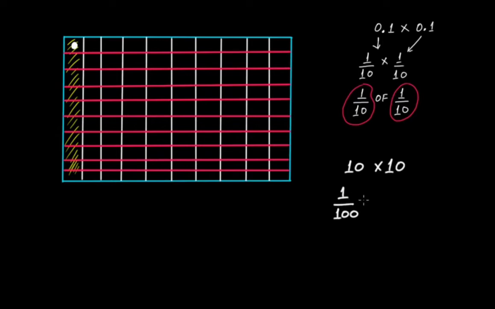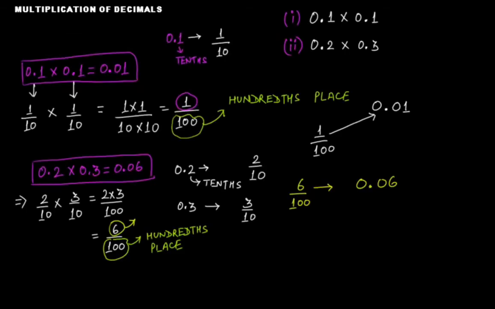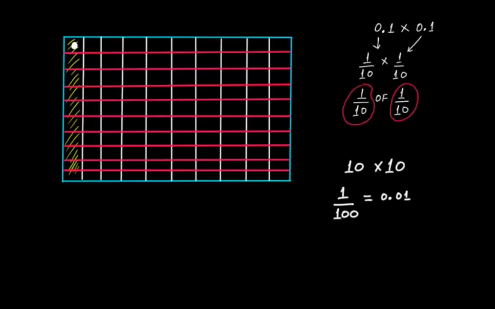This is the fraction, and you can write it as 0.01, because it tells us that at the hundredths place we have only one. So this is the pictorial representation of the discussion that we did here.